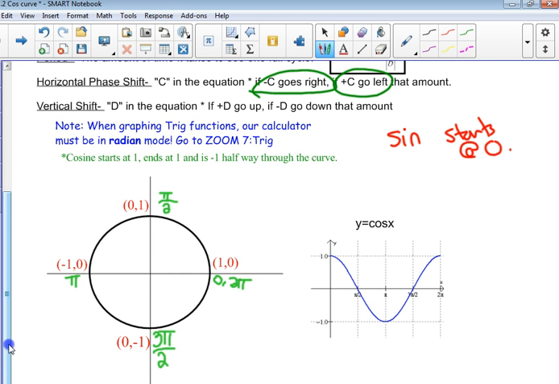I should say that a general cosine curve is going to start at 1 because of the unit circle. We looked at this yesterday, why it looks the way it did. It's because at 0 degrees, your cosine was 1. So that's your first point. It's not starting at 0 anymore.